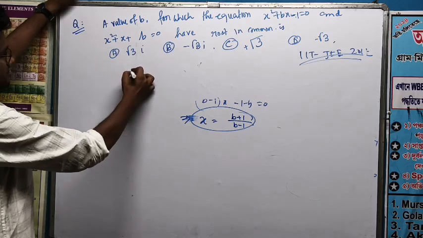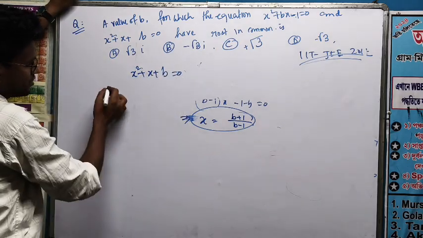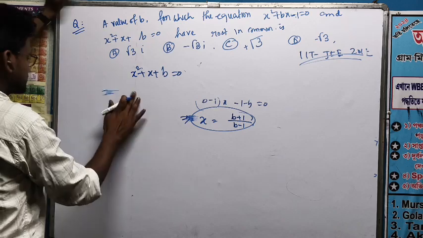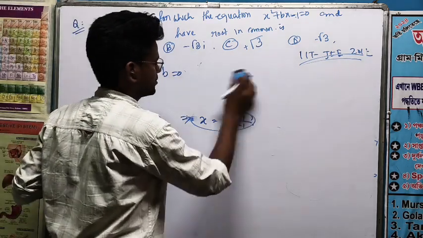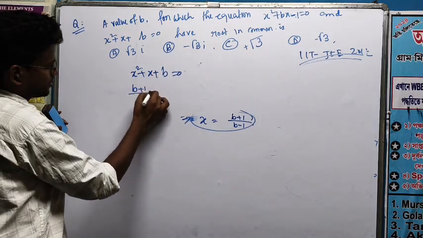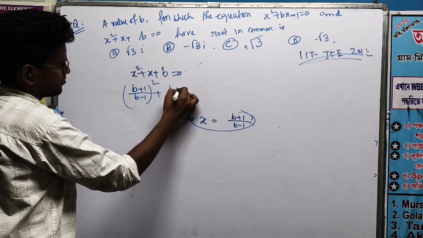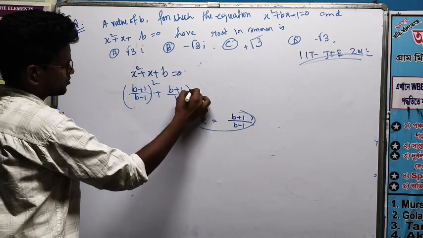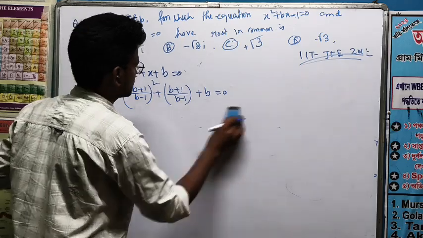So this is x square plus x plus b equals 0. For this, ((b plus 1) by (b minus 1)) whole square plus (b plus 1) by (b minus 1) plus b equals 0.